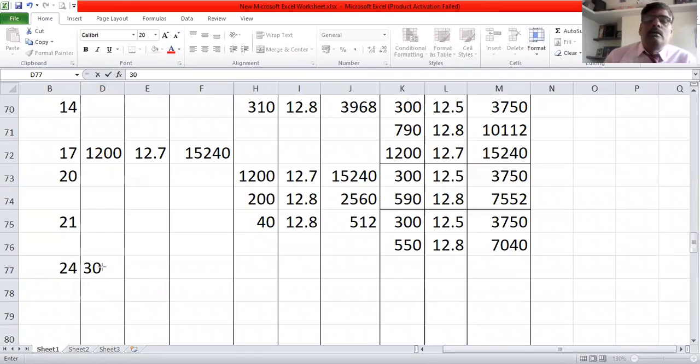From this date, this is issued on 14th July. 14th July rate is 12.8.